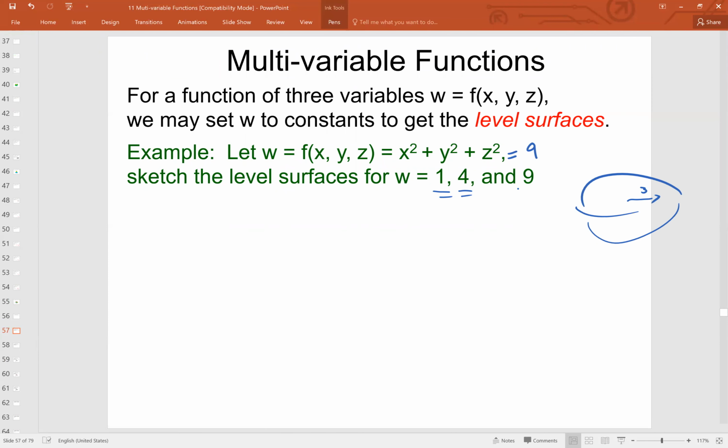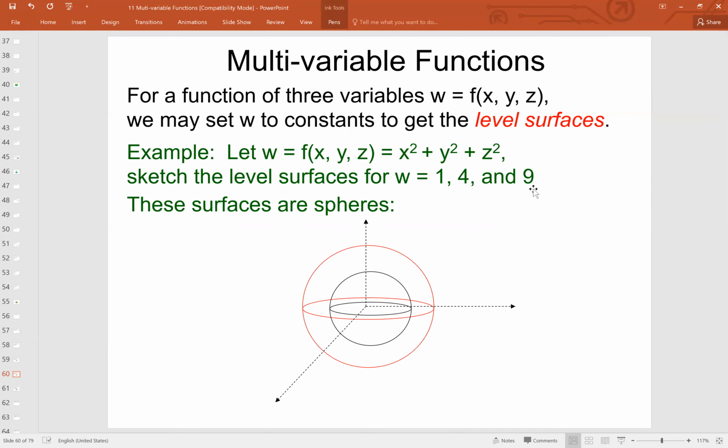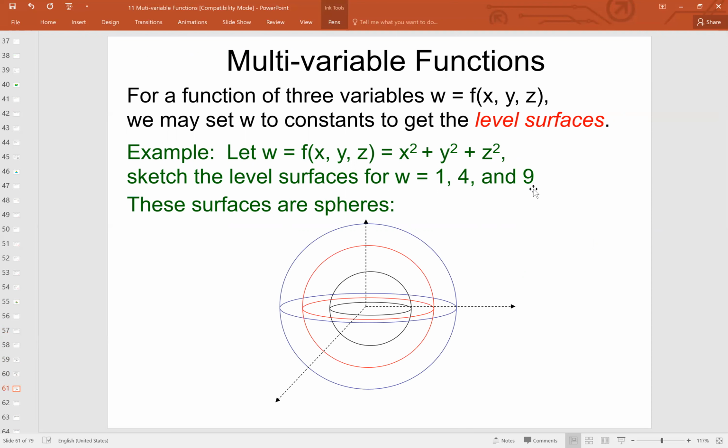So if I set different W to be positive numbers, I get different concentric spheres. On this sphere, W is equal to 1. On this sphere, W equal to 2. On that sphere, W equal to 3. Of radius 1, 2, 3.